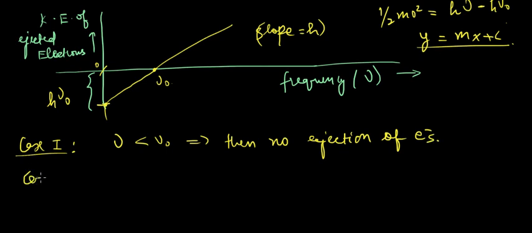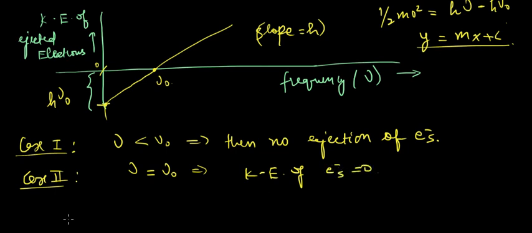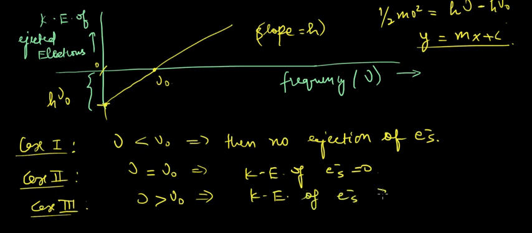Second, if nu equals nu naught, then the kinetic energy of ejected electrons would be 0. And case 3 would obviously be nu greater than nu naught, then the kinetic energy of electrons is positive.